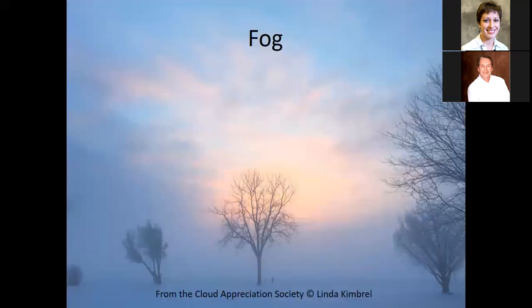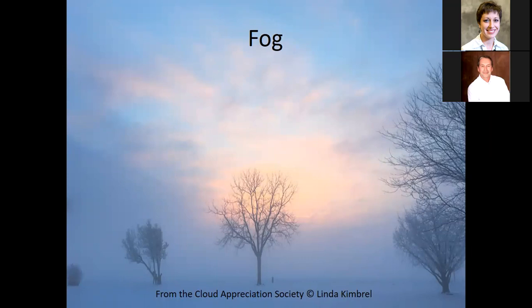And then, of course, we've got a cloud at ground level. We see this, a lot of times we call this fog. And the reason the fog forms at ground level is because the air right above the ground has cooled down to that dew point temperature for maybe dozens or hundreds of feet above the ground. And so that water vapor has condensed and created water droplets.